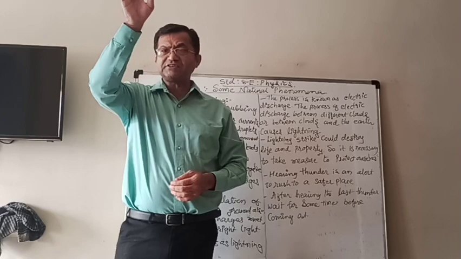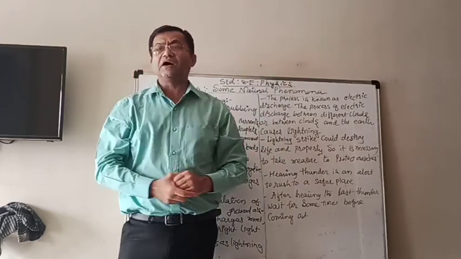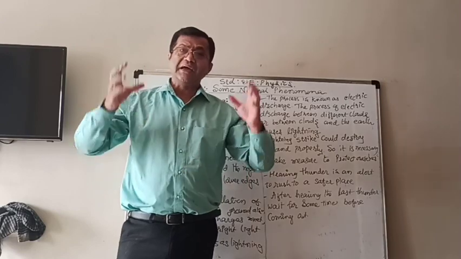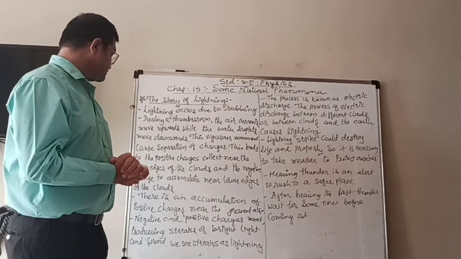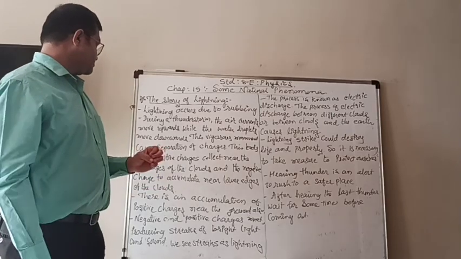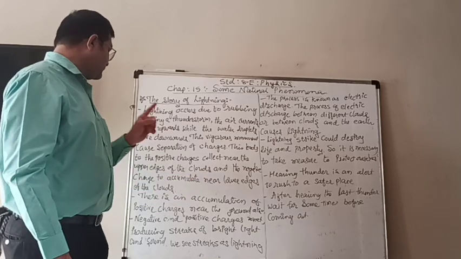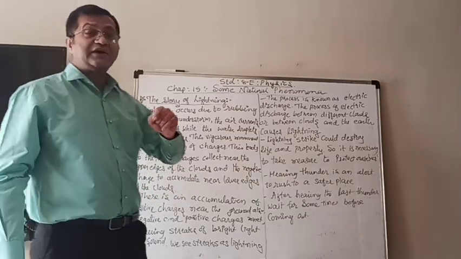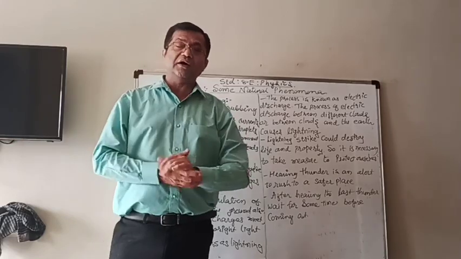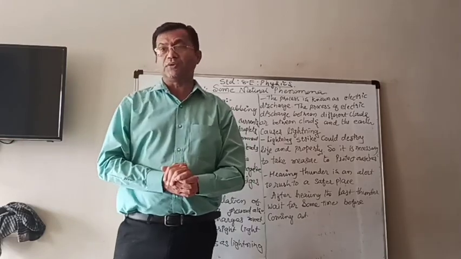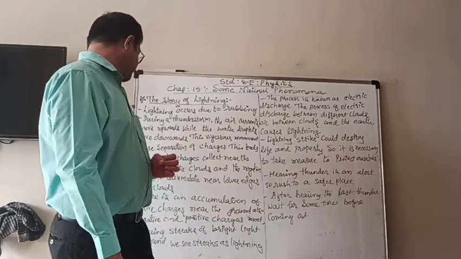So at the upper edges the positive charge is collected, and at the lower edges the negative charges are accumulated. Now what happens? There is an accumulation of positive charges near the ground also. On the earth also, some of the positive charge is collected.